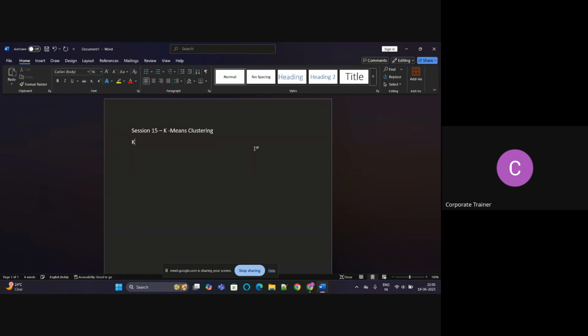So I write something: K-means is the algorithm that can divide the data into K number of clusters, where each data point belongs to a cluster.